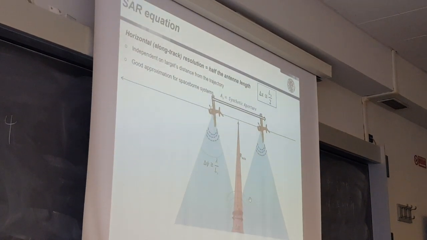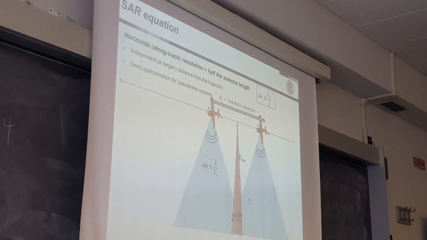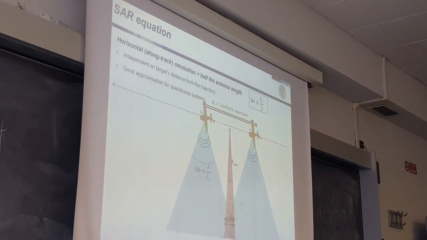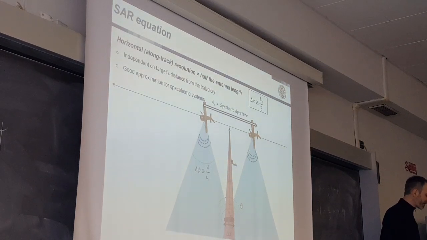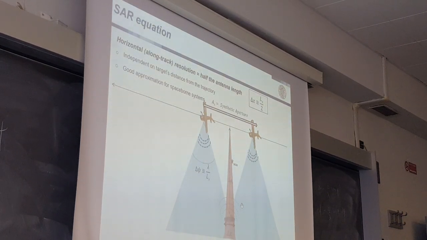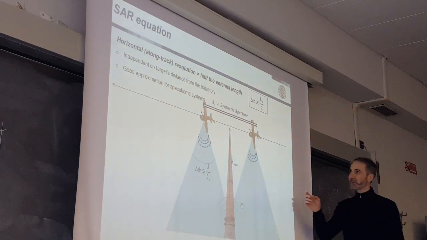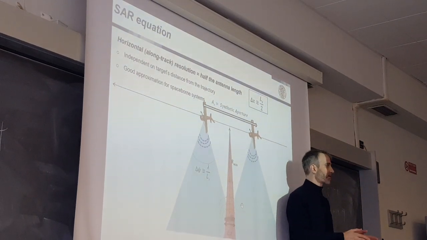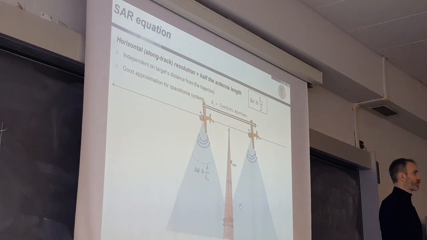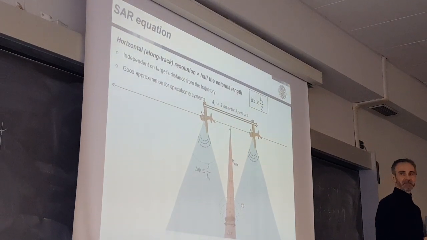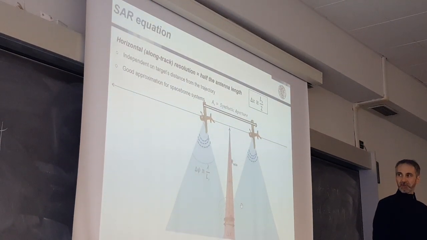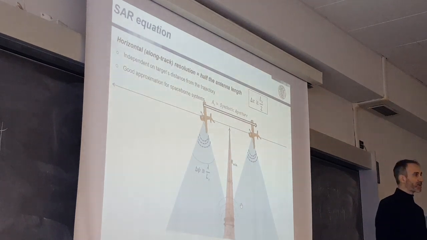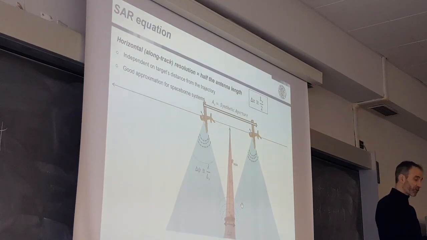And this is called the SAR paradox. With real antennas, the longer the antennas, the finer the resolution, right? With the SAR, no, it is the other way around. The shorter your physical antenna, the finer is your resolution. So if you want to build a SAR system with a very fine resolution, buy a very short antenna.